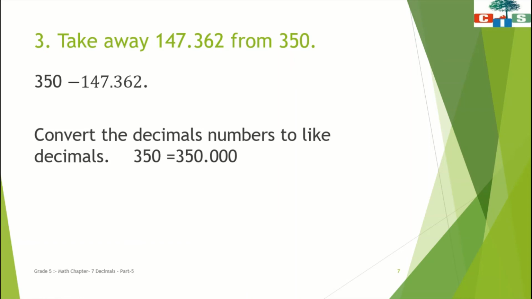First of all, for subtraction, we need to convert the decimal numbers to like decimals. Here we have only 350, which has only a whole number part, while 147.362 has a whole number part and a decimal part. So we convert 350 to a like decimal with 3 decimal places.